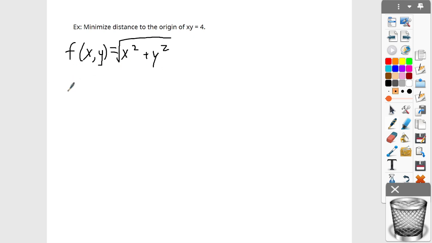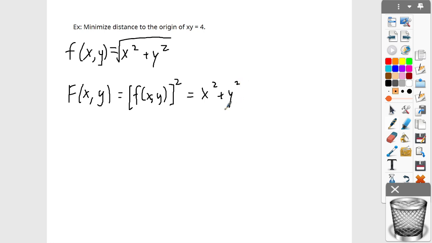So what we'd actually be better off doing is defining a new function, capital F of x, y equal to f of x, y all squared, which is equal to x squared plus y squared. So this is the square of the distance, and we know that x squared plus y squared is always positive, so this is a legal move.